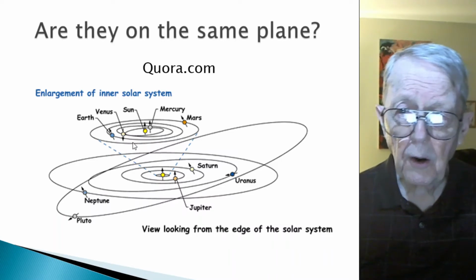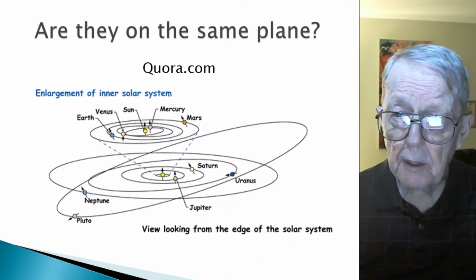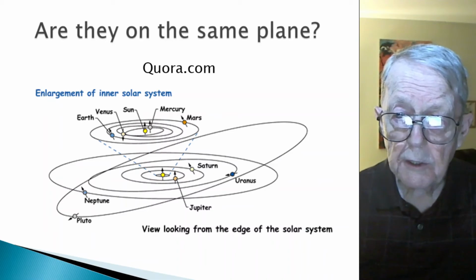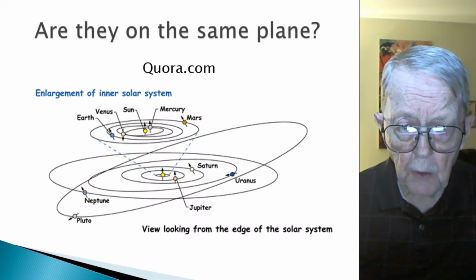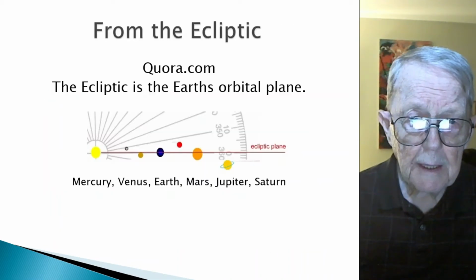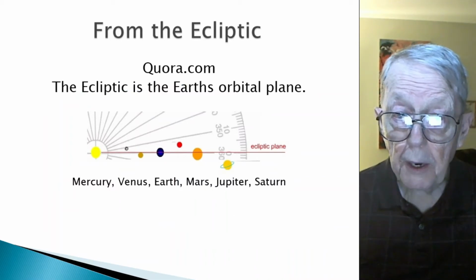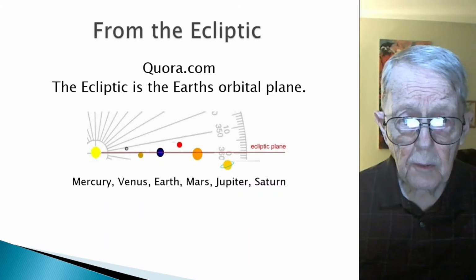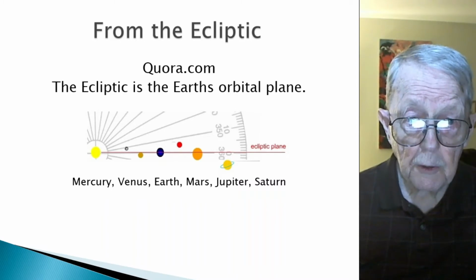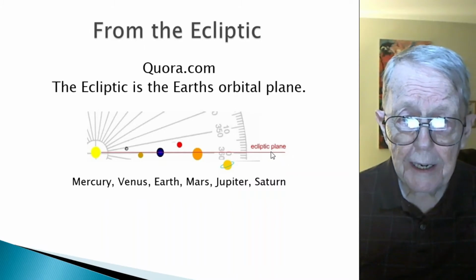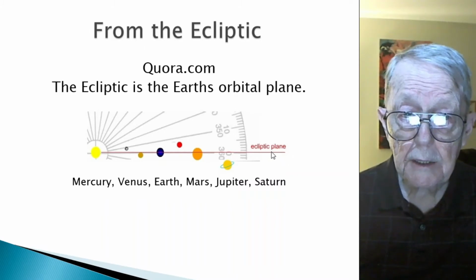Now, they're not all in the same plane, but people seem to think they are, and many other drawings that you see tend to show them that way. Well, to get a clearer picture, I found this drawing also from Quora, and it uses the ecliptic plane as a reference point.